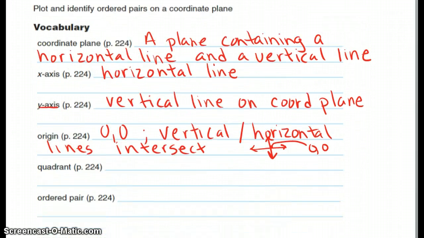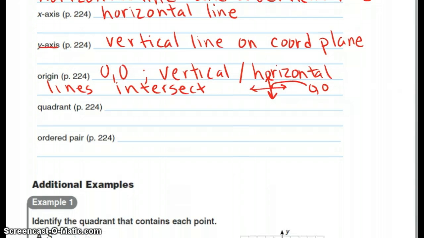All right, let's move down our page. Quadrant. Quadrant is part of the coordinate plane. Since quad means 4, we should have 4 sections. So let's look back at our picture above. We have 4 sections on the coordinate plane.